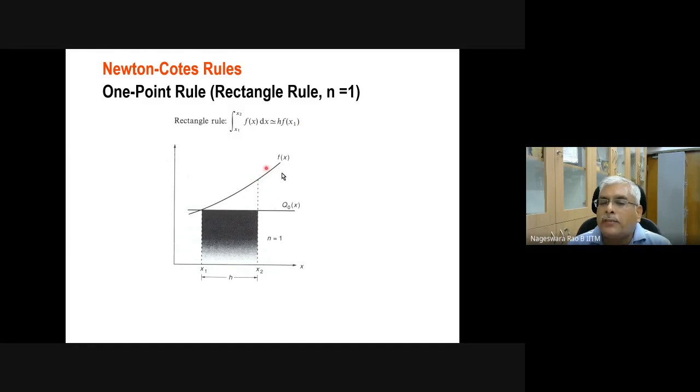And here, please note that this figure is a schematic. Depending on the function, even though I mentioned it as a function of x, this function can be a constant function, linear, quadratic, cubic, or whatever non-linearity you mention. So this approximation is going to be exact if the function is a constant function, meaning the function value at x1 and the function value at x2 are both the same, so it's going to be flat.